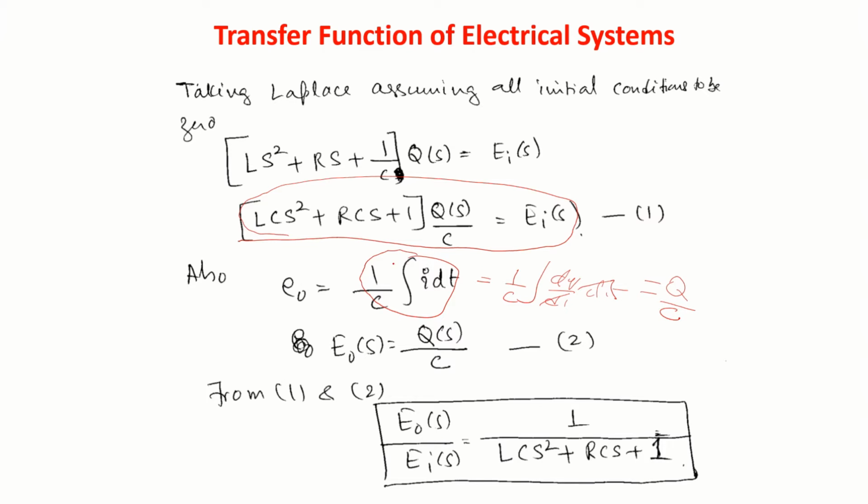So this q by C I can replace by E naught of s. Then E naught of s by EI of s is equal to 1 by LC s square plus RC s plus 1. This is a second order electrical system. That's how we can find the transfer function of the LRC circuit.